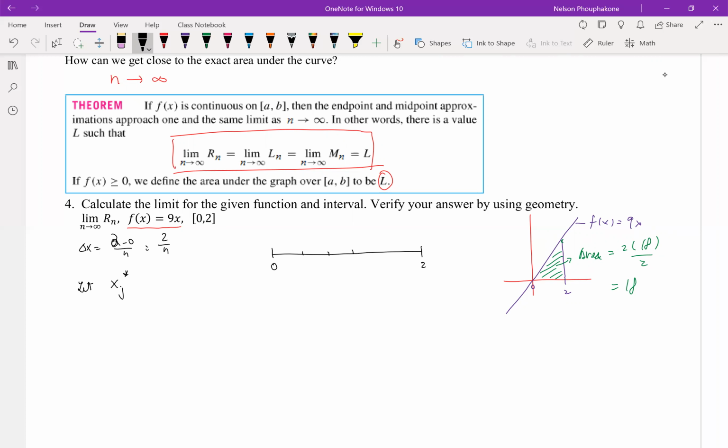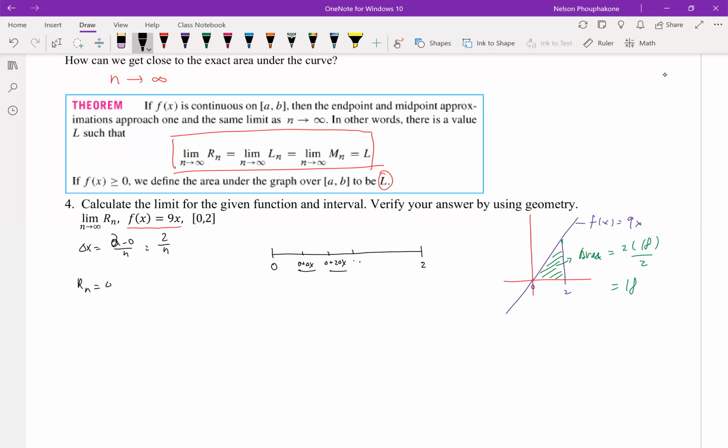So then this will be 0 plus delta x, then 0 plus 2 times delta x, and so on and so forth. So we would like to work with the endpoint, meaning this one is my R sub n.